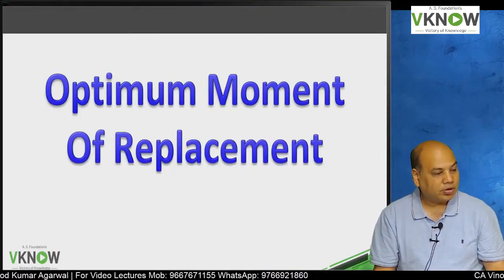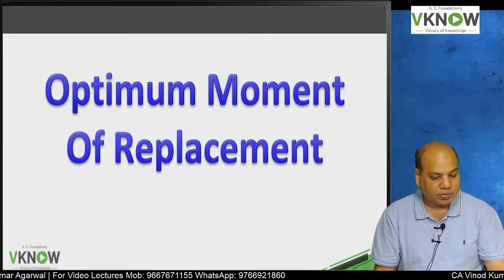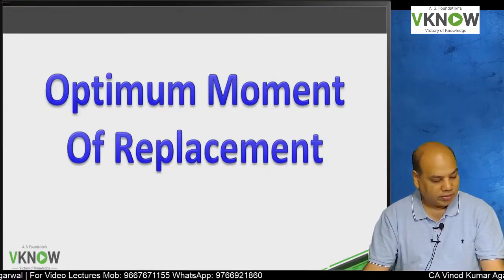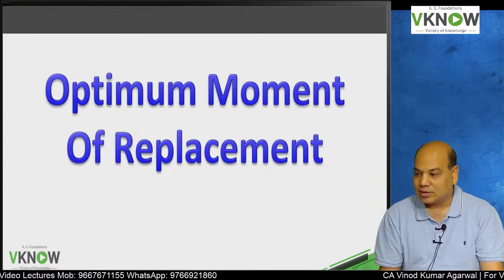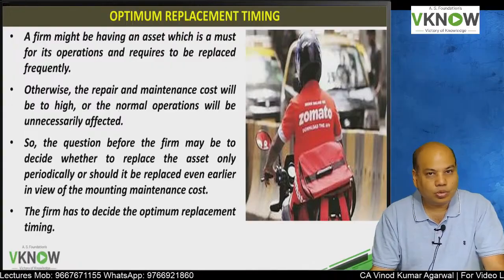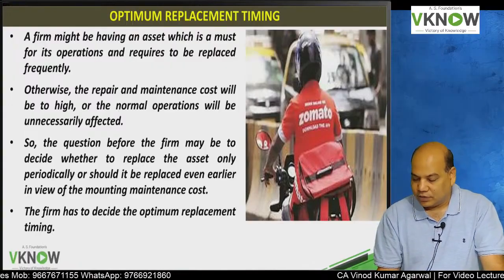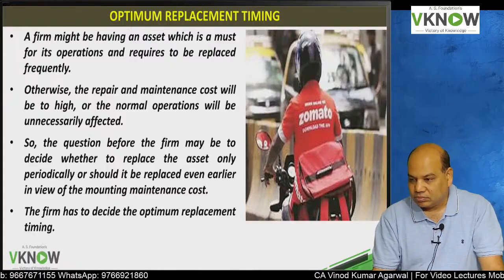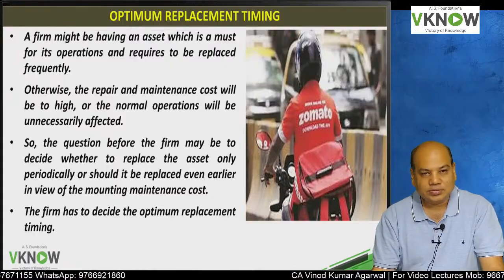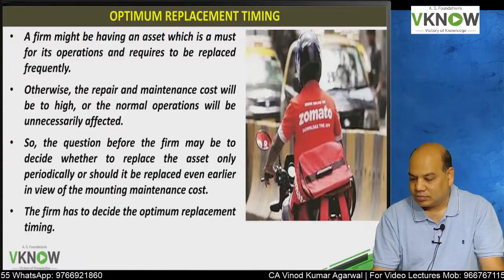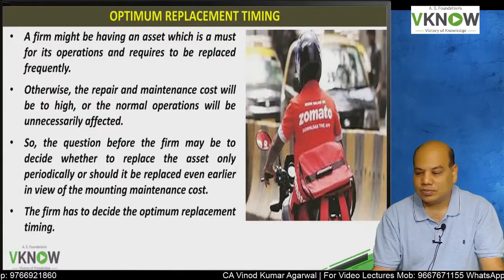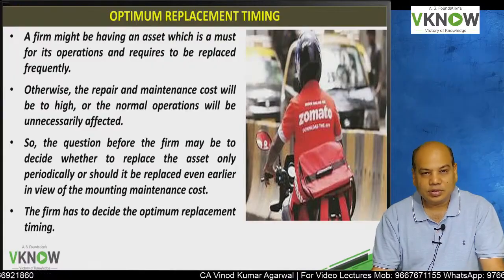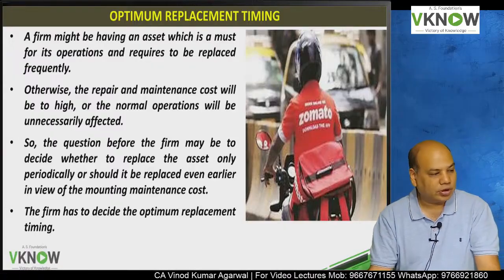Now the next important concept is optimum replacement moment. Optimum moment of replacement. When should old asset be replaced? Like for example, if you see there is one image on the right side, there is a delivery boy, and this company has got thousands of such delivery boys, and they are given a vehicle, a two-wheeler, to deliver your food ordered.